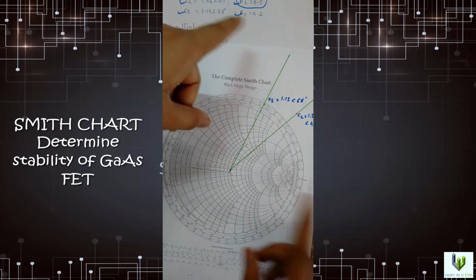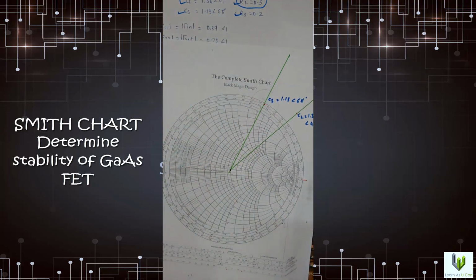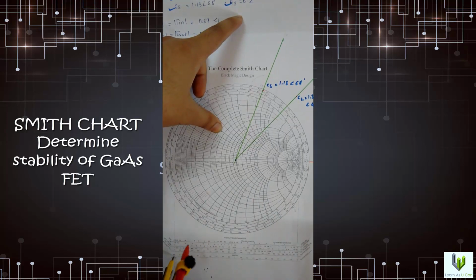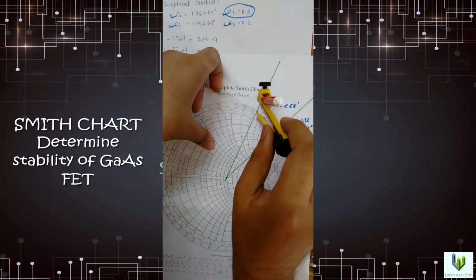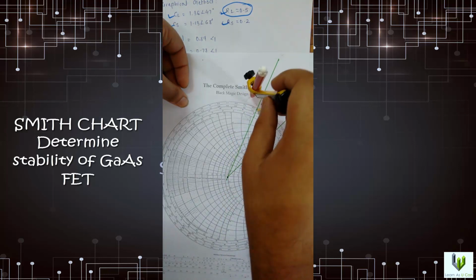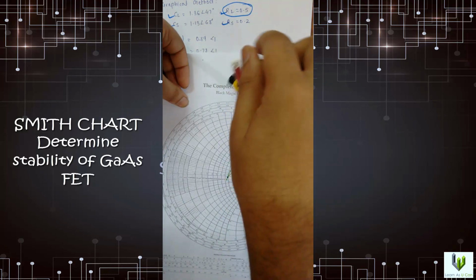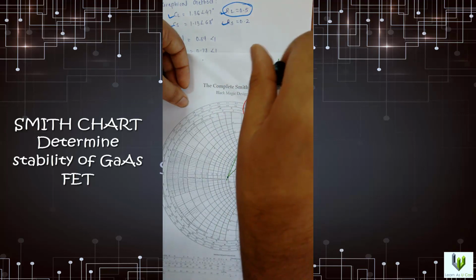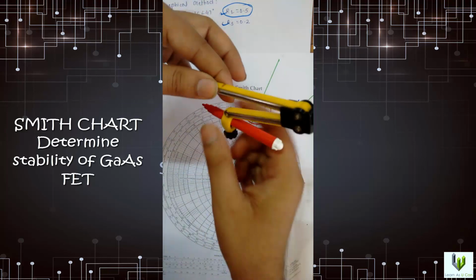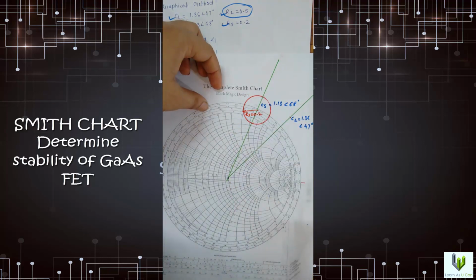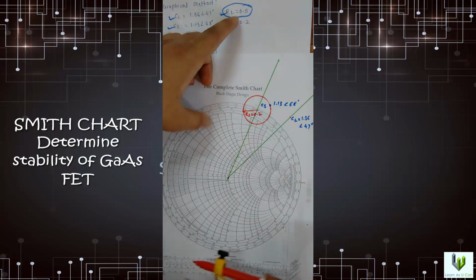Now I have to draw a circle where RS is equal to 0.2 and RL is equal to 0.5.